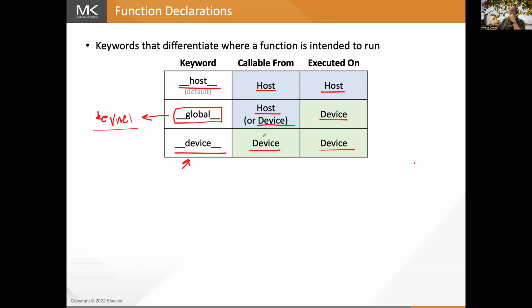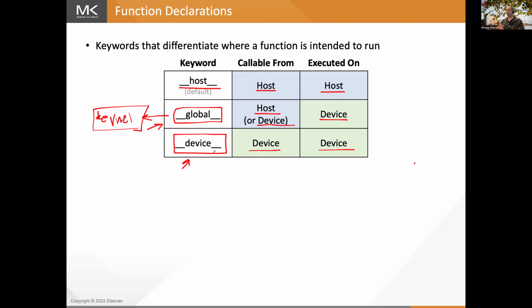So, but there are some catches here. So, for example, when you call this function that is annotated with global, which is a kernel, in this case you launch a grid of threads. But when you have the function with this device keyword, you do not launch a grid of threads.